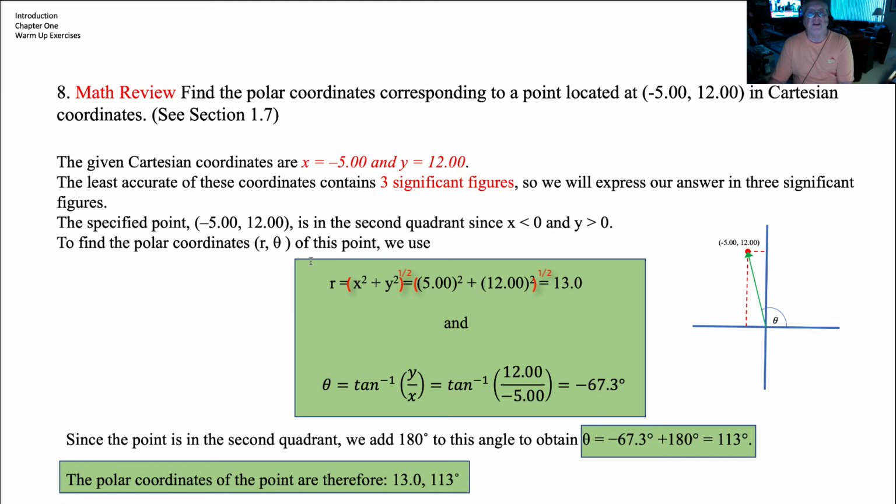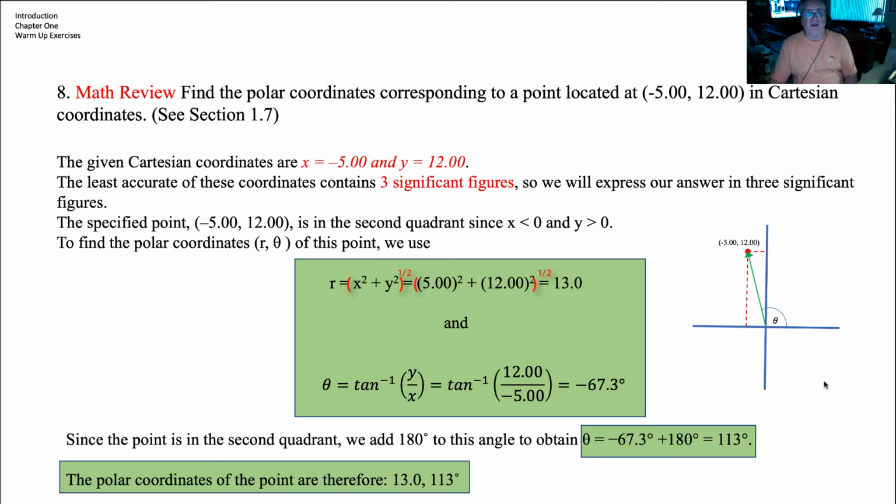So the radius in this case, the square root of x squared plus y squared, equals 13. And to get the angle, the tangent of theta is equal to y over x, so theta is equal to the inverse tangent of y over x, which equals the inverse tan of 12 over minus 5, which gives us an angle of minus 67.3.